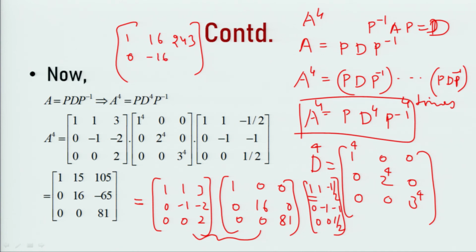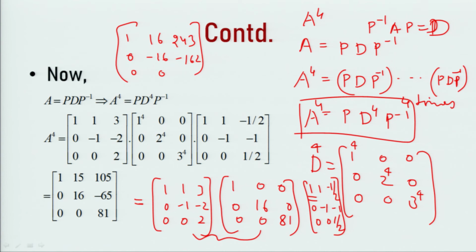Then 0 minus 2 into 81, which means 162, and the rest are 0.